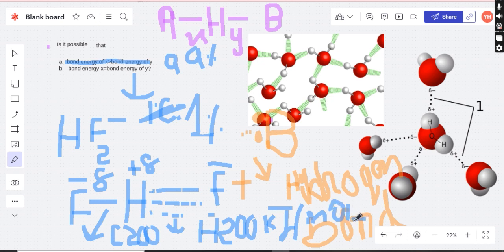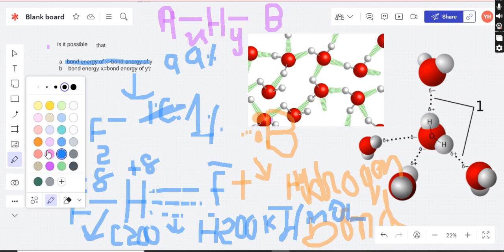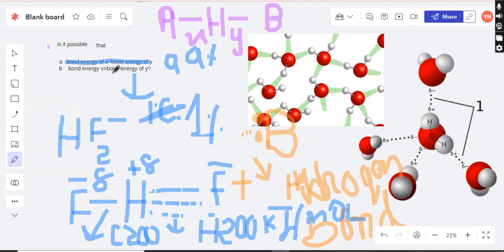Their bond energies become equal. So we can say this statement is true, but only for the one case.